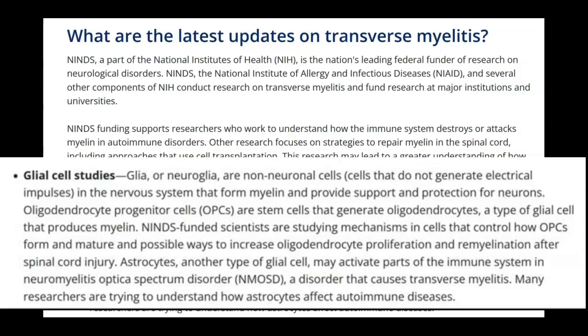Astrocytes, another type of glial cell, may activate parts of the immune system in neuromyelitis optica spectrum disorder, which is another closely related condition to multiple sclerosis, a disorder that causes transverse myelitis. Many researchers are trying to understand how astrocytes affect autoimmune diseases, and we've looked at some of that research recently in respect to multiple sclerosis.